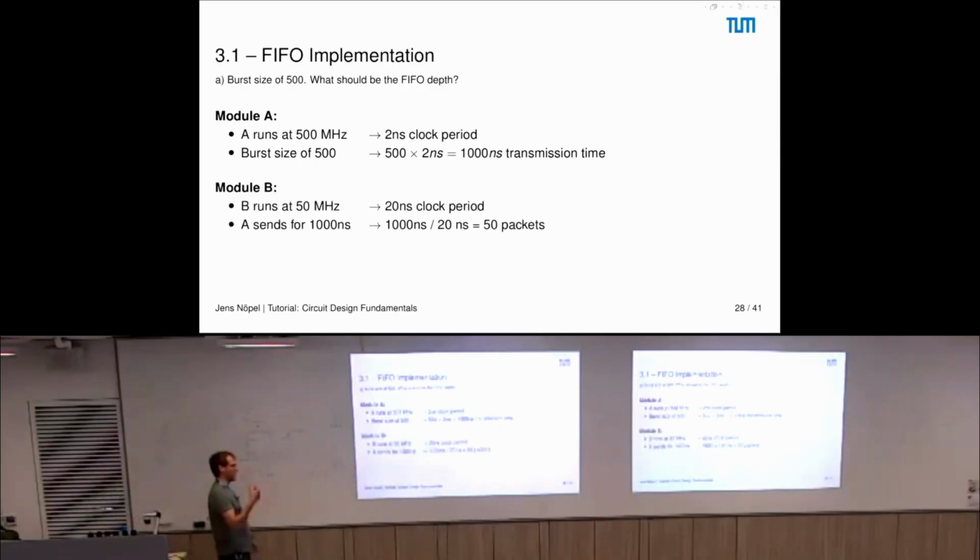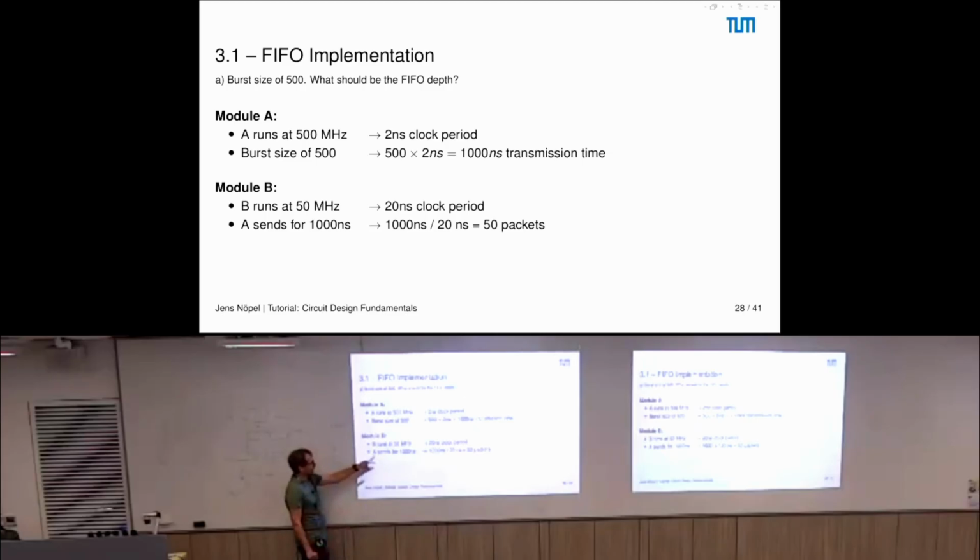Now we think the same thing for module B, but from the perspective of how many packets it can receive in the same time. We know B runs at 50 megahertz, so the clock period is 20 nanoseconds, meaning that module B can receive a packet from module A every 20 nanoseconds.